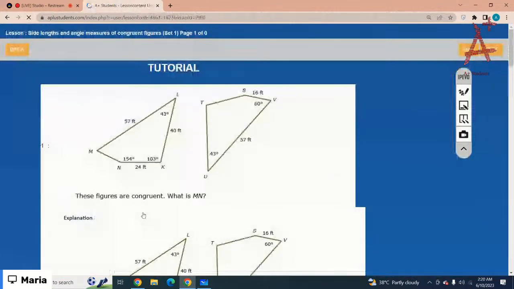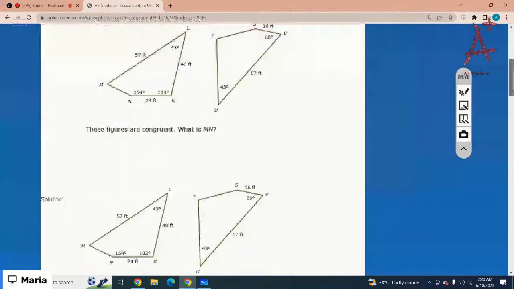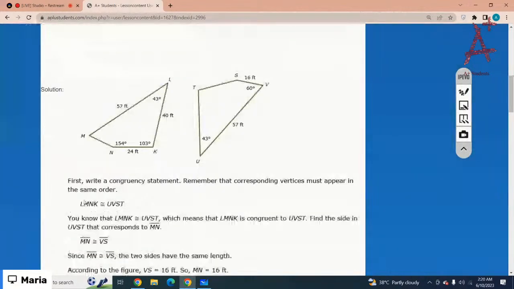Okay, these figures are congruent. What is MN? First, write a congruency statement. Remember that corresponding vertices must appear in the same order.